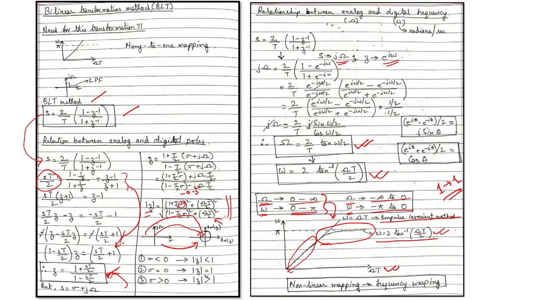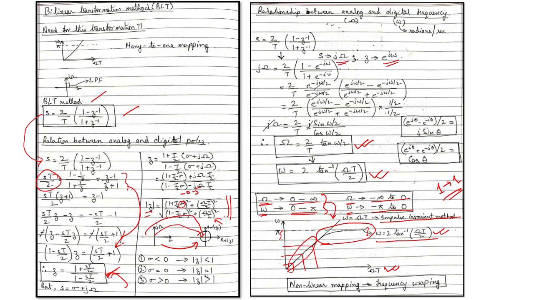In the lower regions, the frequency components are linearly varying. However, in the higher frequency region, due to the tan inverse function, there is a compression of the analog frequencies in the digital domain.